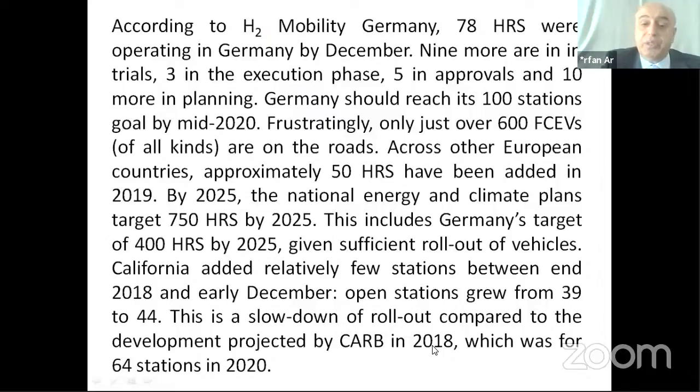Across other European countries, approximately 50 hydrogen refueling stations were added in 2019. The National Energy and Climate Plan's target is 750 hydrogen refueling stations by 2025. This includes Germany's target of 400 refueling stations by 2025, given sufficient rollout of vehicles.